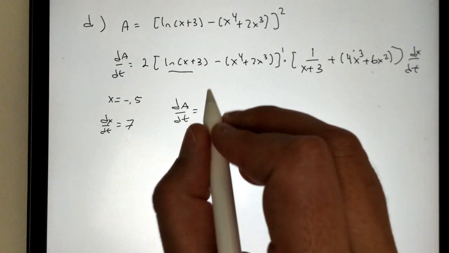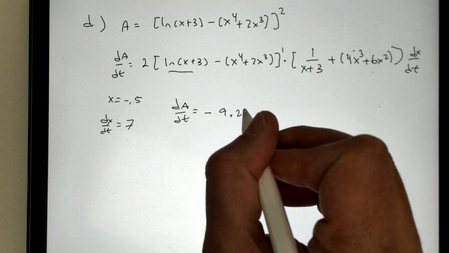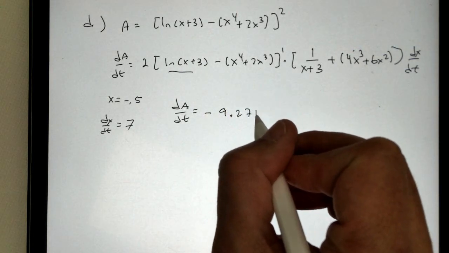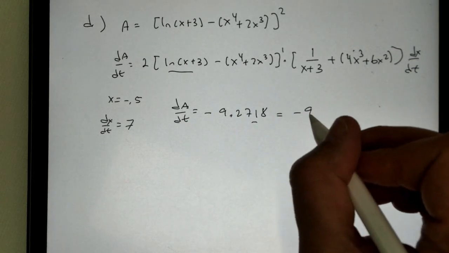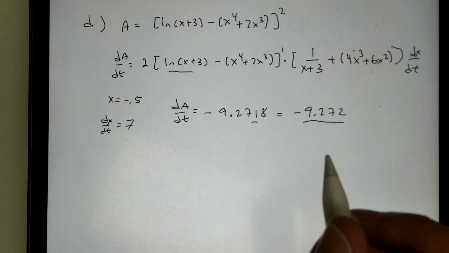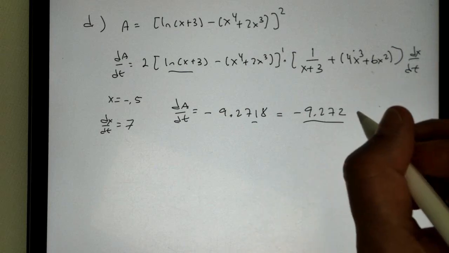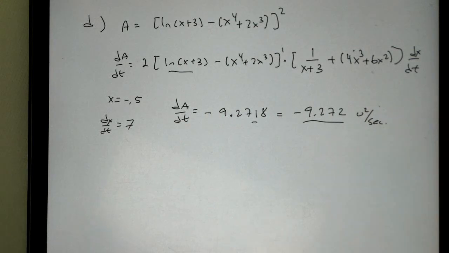When you type all of that into your calculator, you get -9.2718, which to 3 decimal places is -9.272. And in terms of units, this is units squared per second.